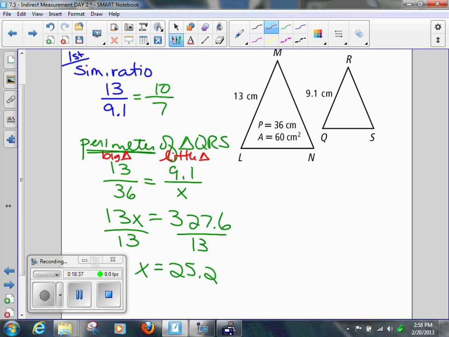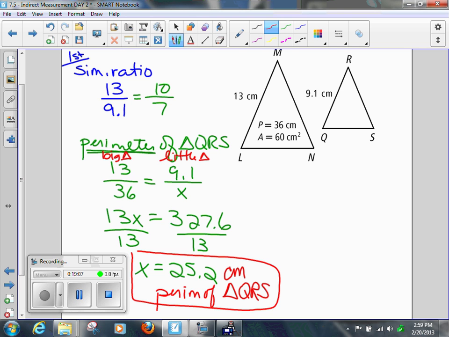It's smaller. Not only that, the sides are smaller, therefore the perimeter has to be smaller. So does my answer make sense? Yes, my answer does make sense. And it's going to be 25.2 centimeters, which is the perimeter of triangle QRS. All right, that's the first part.